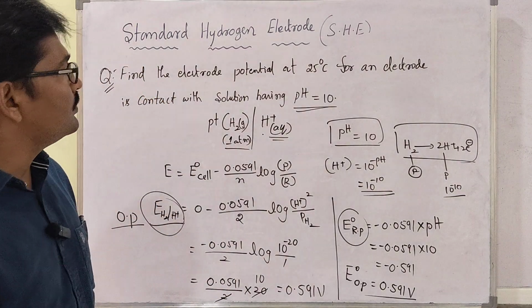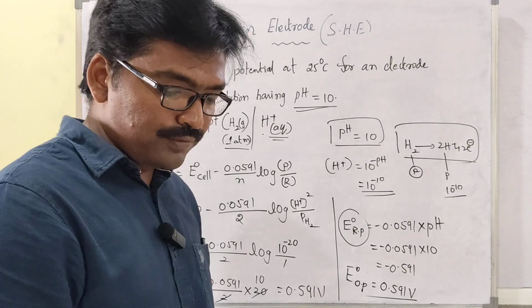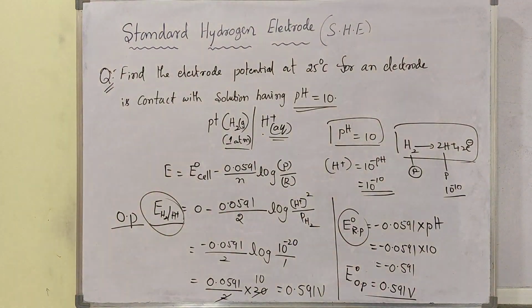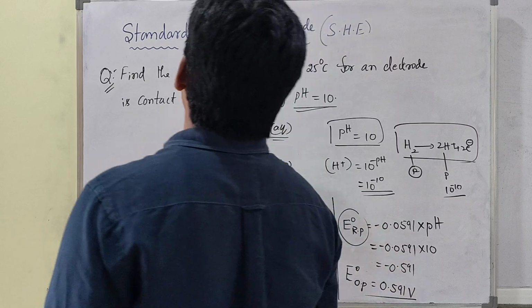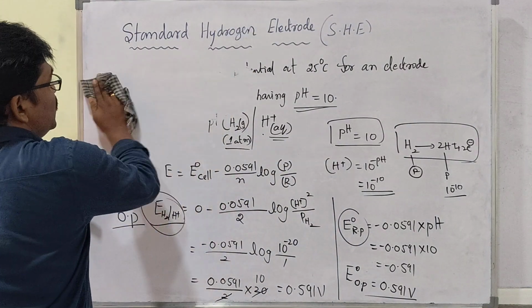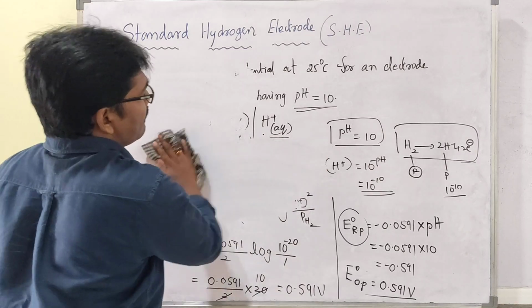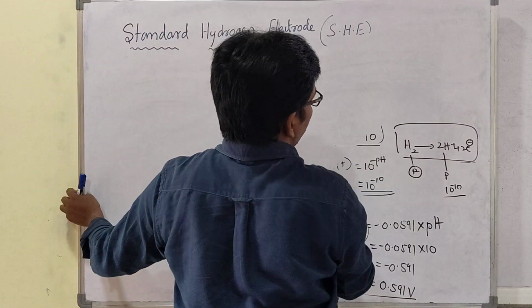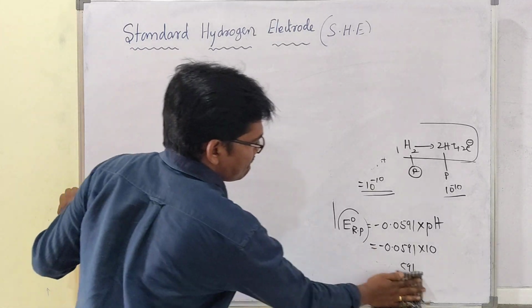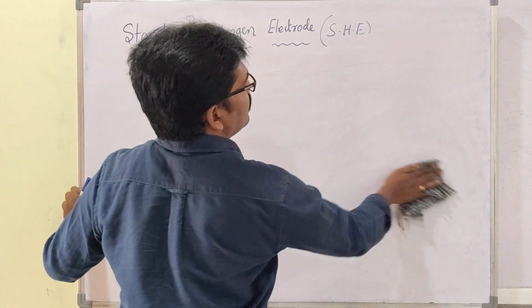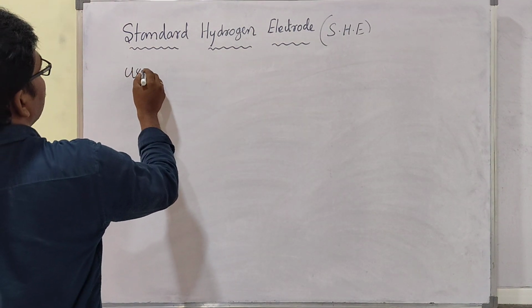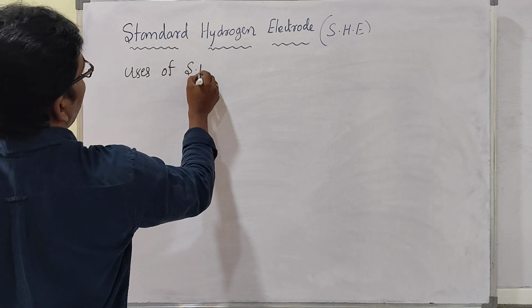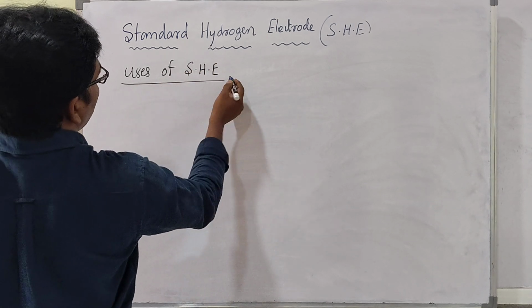So these are the questions. Now what are the uses of SHE, that we'll see. So note that we'll discuss. Now we'll see the uses of SHE, standard hydrogen electrode.